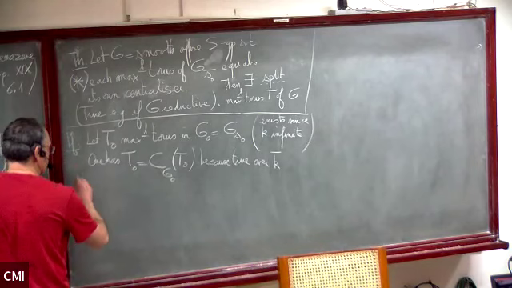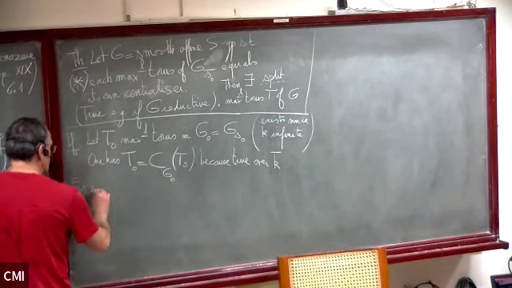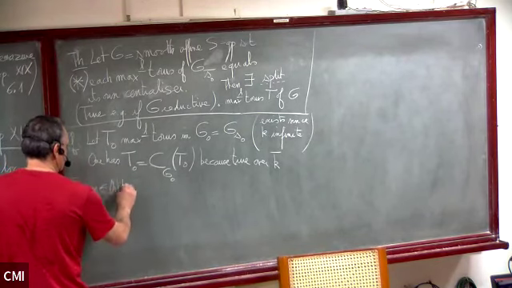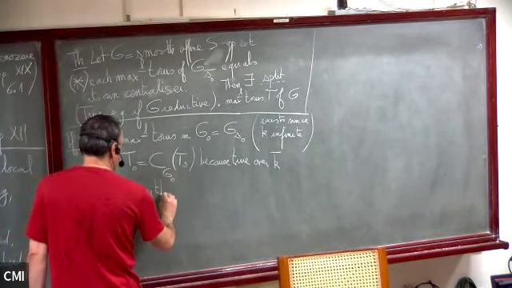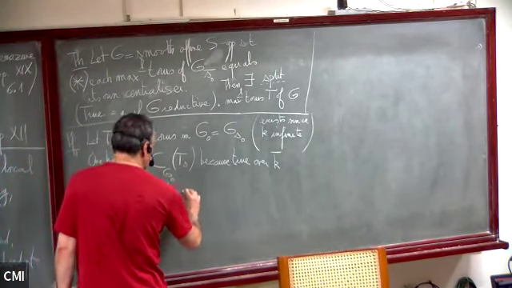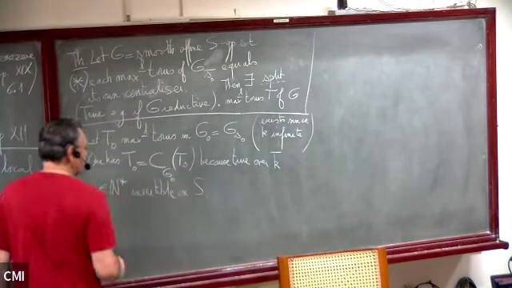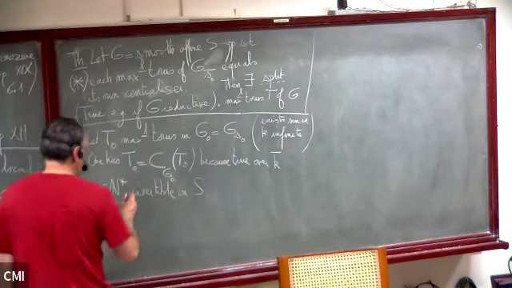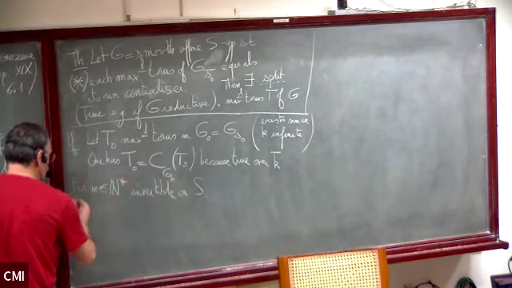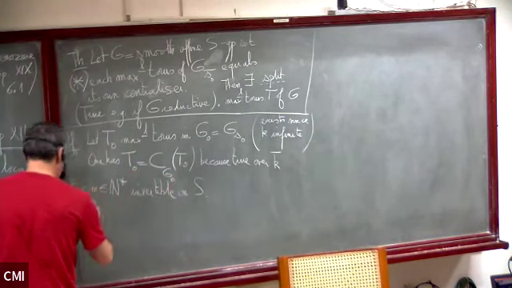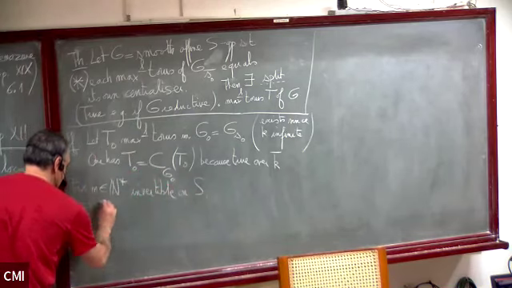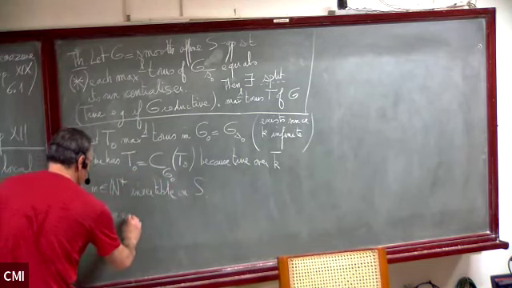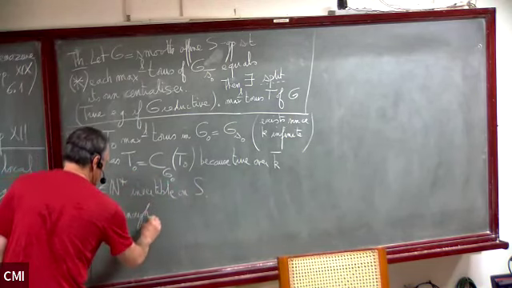So the first part was: fix some integer m which is invertible on S, and the first reduction was that for h large enough.